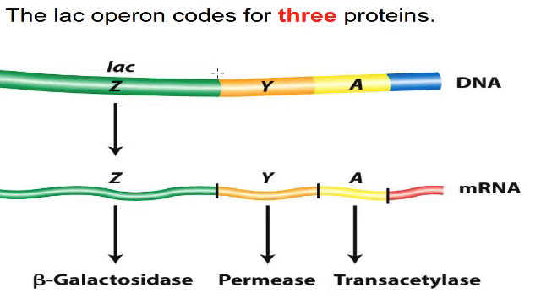But immediately adjacent to the LAC-Z gene, without any spacing, is the Y gene, and the Y gene encodes another enzyme called permease. Permease allows lactose to enter the bacterial cytoplasm from the environment by placing suitable facilitated protein transporters into the membrane. And lastly, the third gene in the sequence is called the LAC-A gene, which produces a transacetylase, an enzyme whose function is still being deduced.